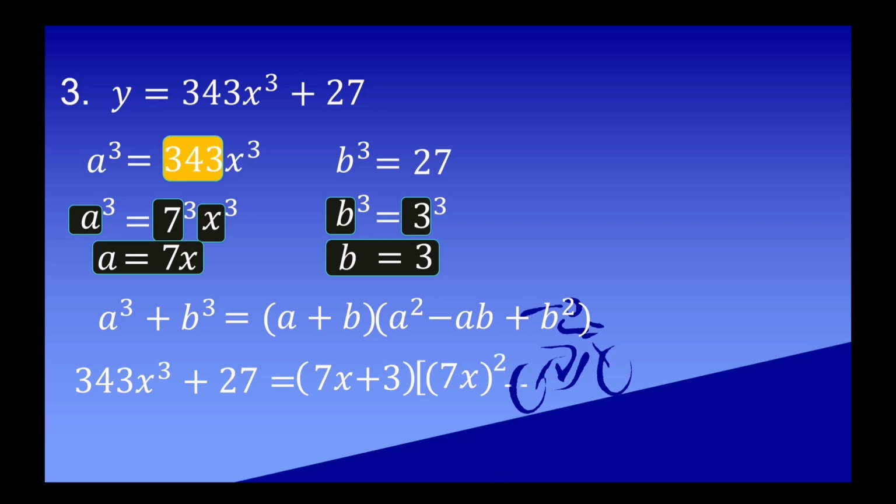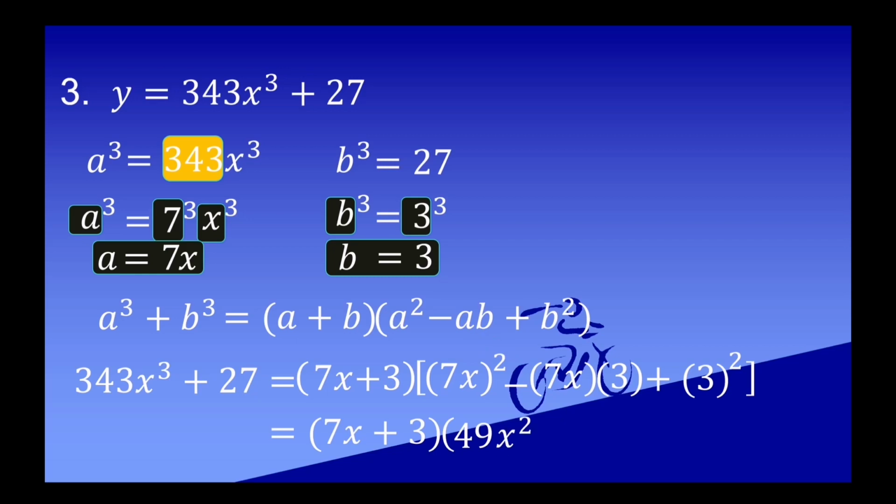multiplied by this quantity. A is 7x raised to 2 minus the product of a and b, that is 7x times 3, plus our b squared. Our b is 3 raised to 2. Then copy 7x plus 3. Then the exponent of 7 squared is 49. Then x raised to 2.